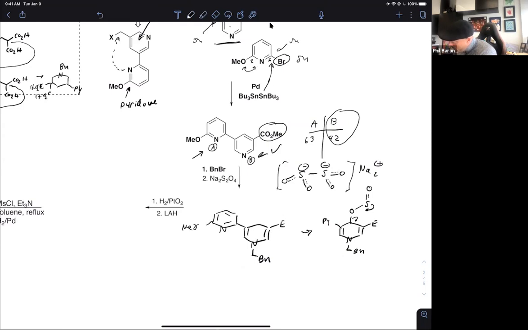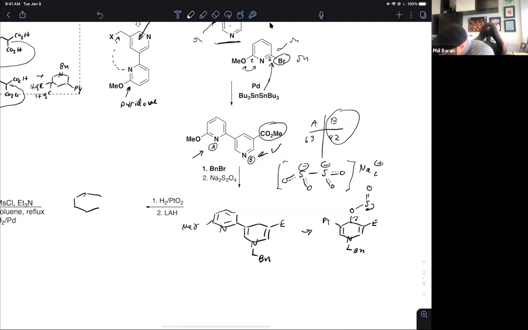So now when we treat this with H2 and platinum, followed by LAH, we get something looking a lot like Vanderbilt's intermediate.